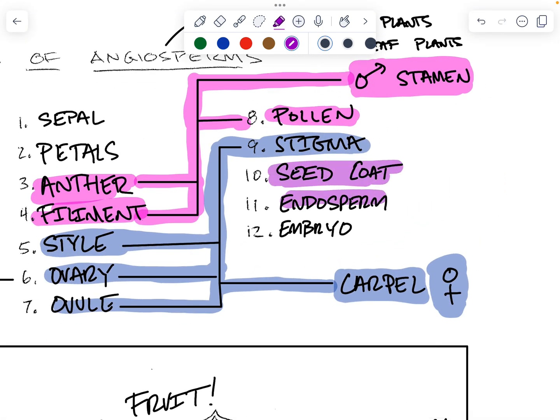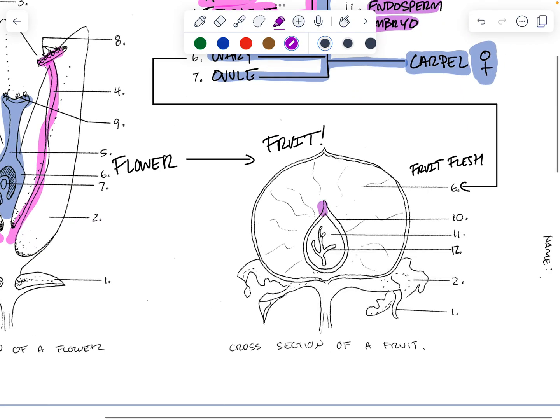The seed coat, the endosperm, and the embryo. That is all of this. And this is all, the fleshy part of the fruit is all plant ovaries.